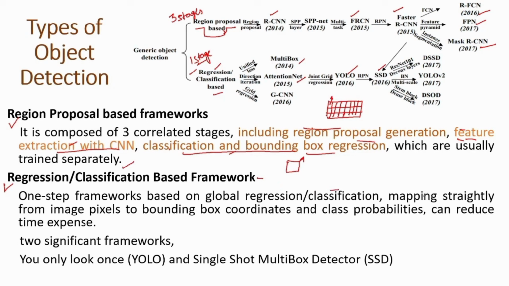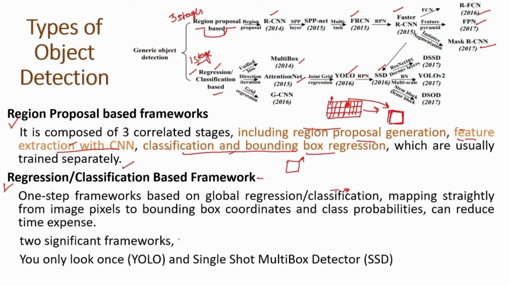What it will do, it will just map straight from the image pixels to bounding box coordinates and class probability. So it will reduce the time it is taking. Basically it has combined all three things in one step only.